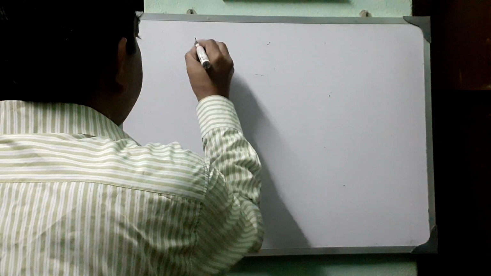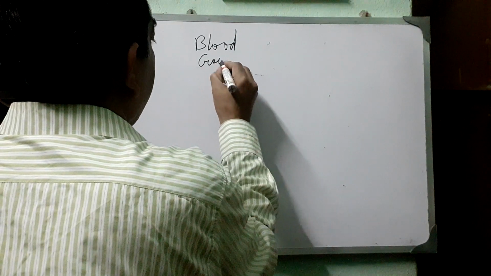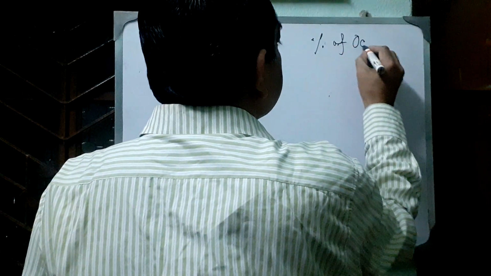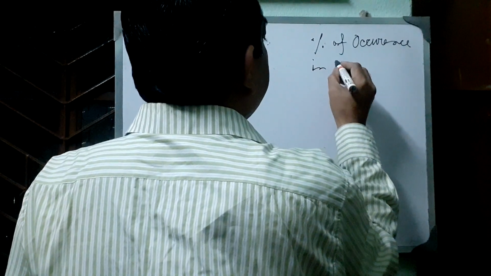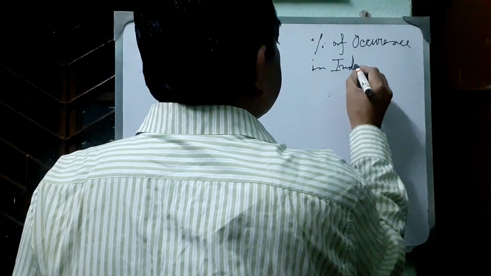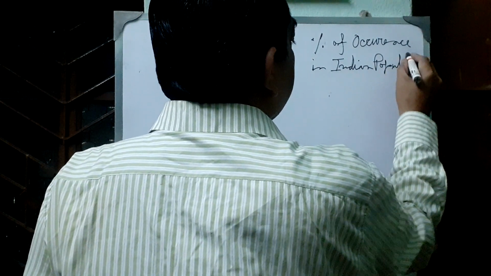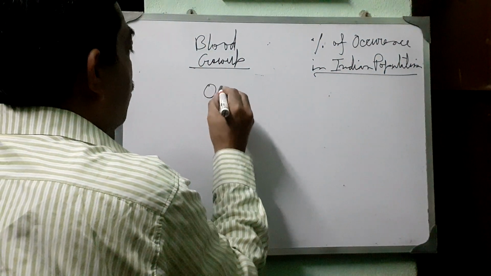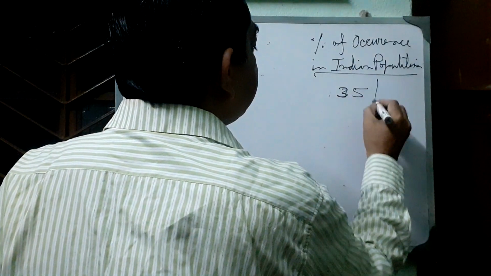This is the blood group and the percentage of occurrence in the Indian population. The first one is O positive. O positive is 35% of the population.